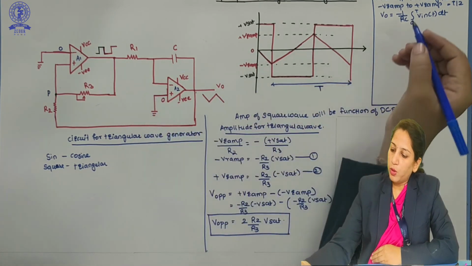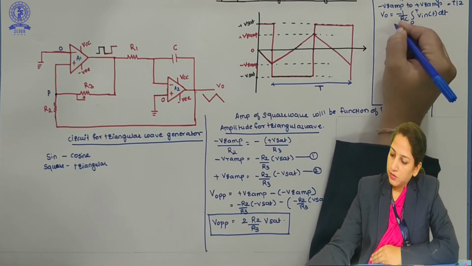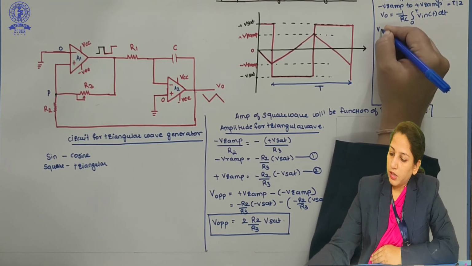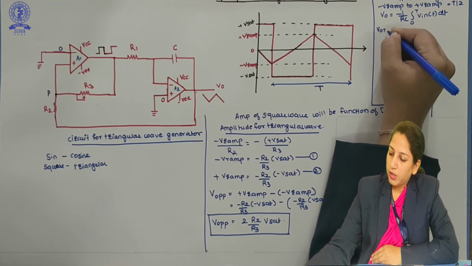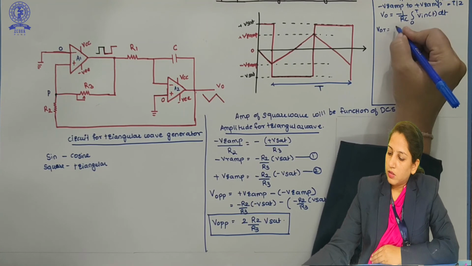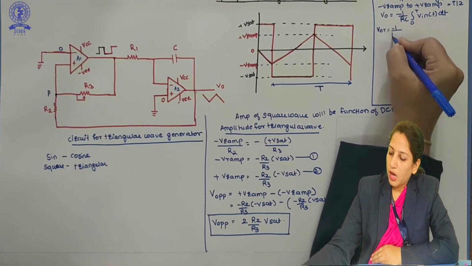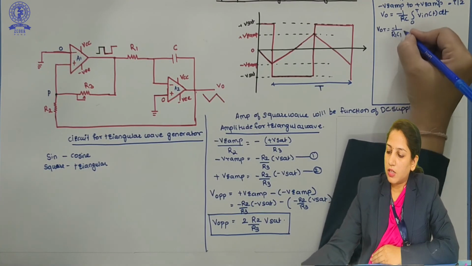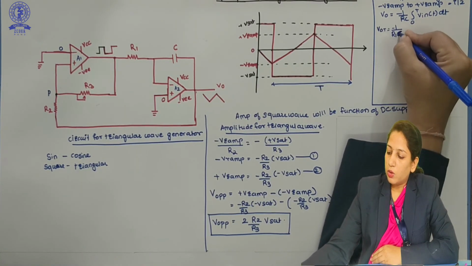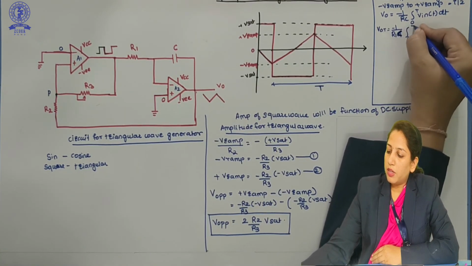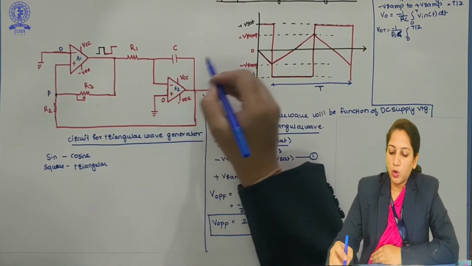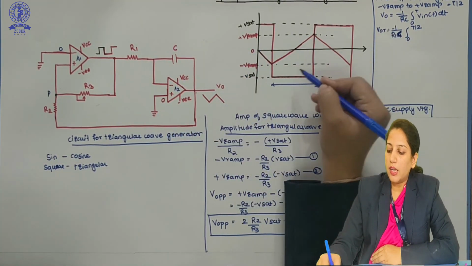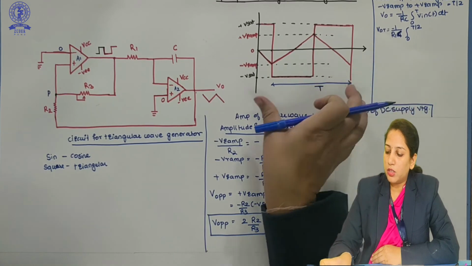So the output voltage V output of the triangular wave will become minus 1 upon R1 C, where R1 and C1 we consider, I will write C only, and the integral from 0 to T by 2. Why? Because here I require only the T by 2 value, since this is the total time period.